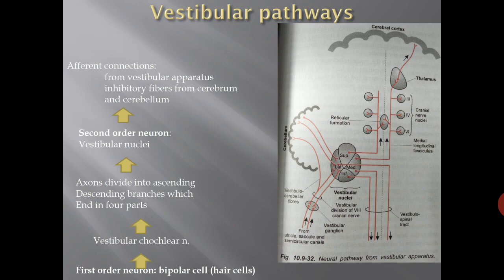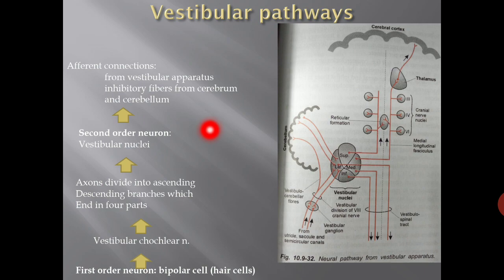Now the axons of these cells form the vestibular division of the vestibulocochlear nerve, the 8th cranial nerve, which enters the medulla ventral to the inferior cerebellar peduncle. These axons divide into ascending and descending branches which end in four vestibular nuclei of the same side: descending branches in the medial, lateral and inferior vestibular nuclei, and ascending branches reaching the superior vestibular nucleus.